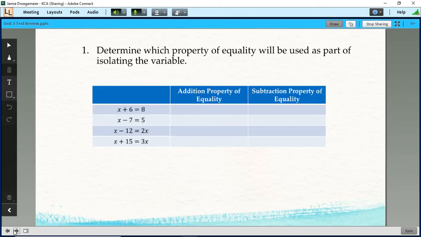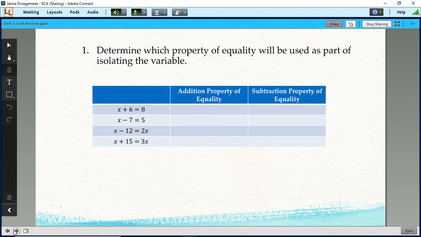Our first question asks us to determine which property of equality we would be using to isolate the variable in these different linear equations. We talked about the addition property of equality and the subtraction property of equality, basically saying that if we add something to one side of an equation, then we also need to add it to the other side to maintain that balance or that equality in the equation.